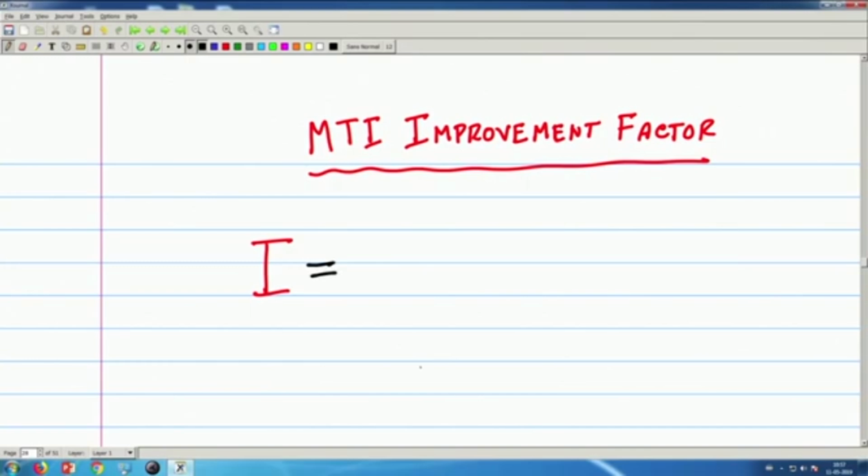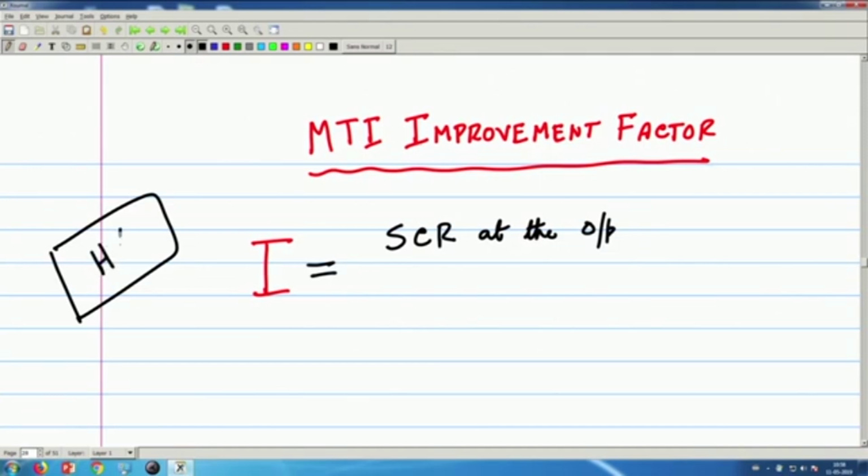So, I is the symbol of MTI improvement factor. It is the SCR at the output of the MTI filter, so the SCR here is the input and this is the output.